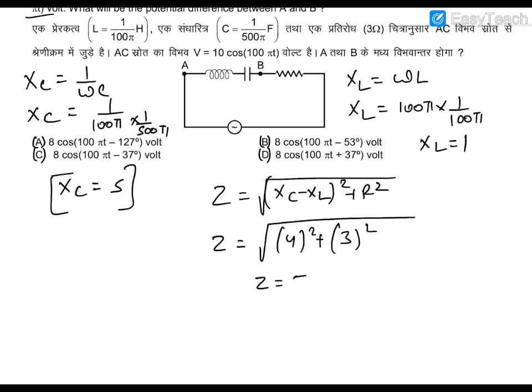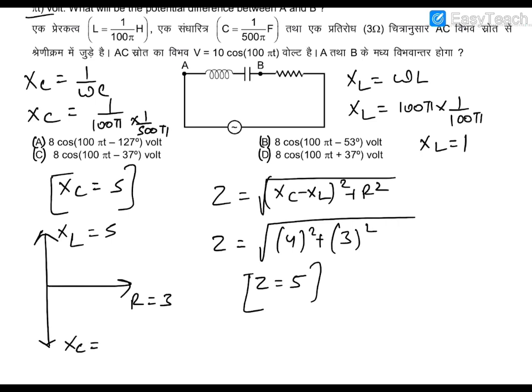Okay. So if we draw an impedance triangle, then we will draw the resistance on the x-axis, which is 3. We will draw XC over here, and it would be equal to 5. In fact, this would be XL, and this will be XC. XL is 1, XC is 5.